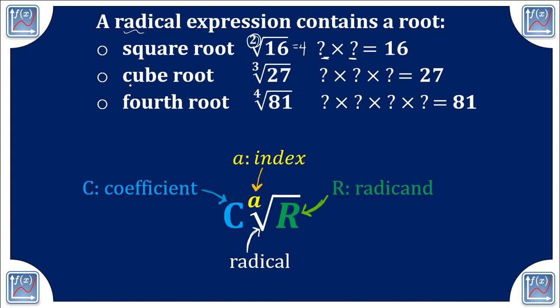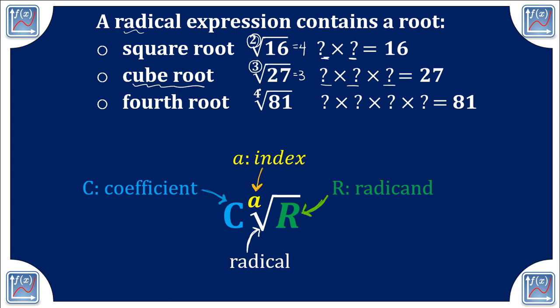We can also have cube roots where our index number is 3. That means we had a number, an integer, multiplied by itself 3 times to give us the product that's under the radical. So the cube root of 27 is 3 because 3 times 3 times 3 gave us that 27.